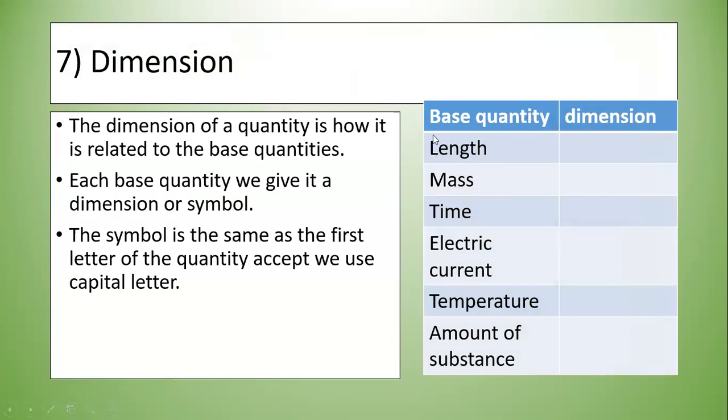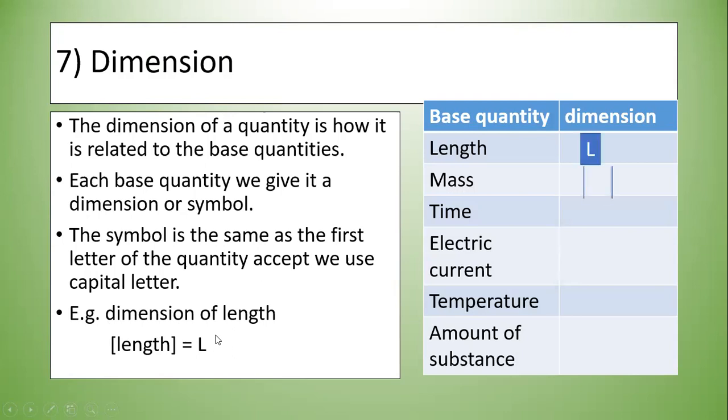Length is L. Mass, M. Capital letter. Time is T. Right? That's our short form. Rectangular bracket, length, L: dimension of length. Instead of writing the dimension of length, you just put a rectangular bracket and then L.